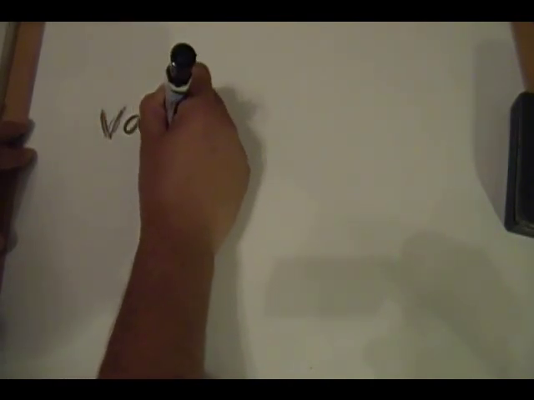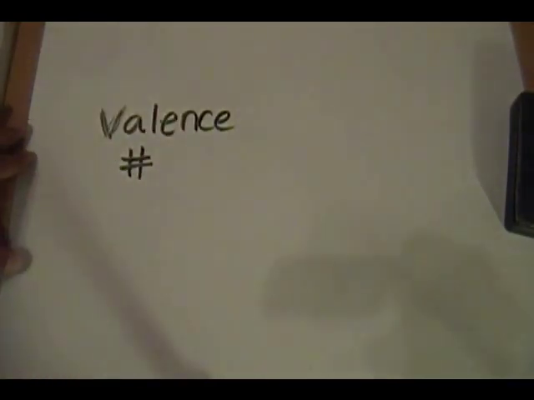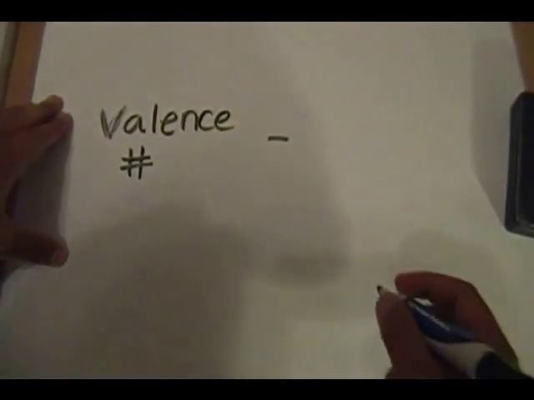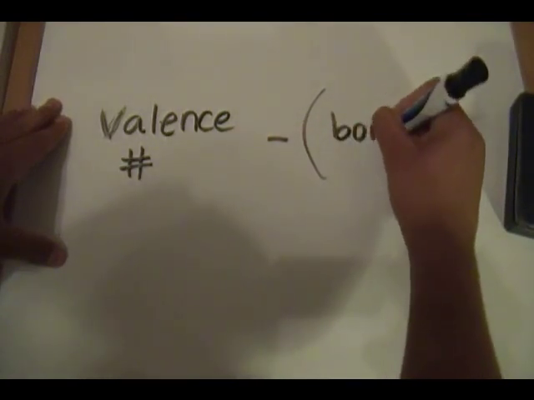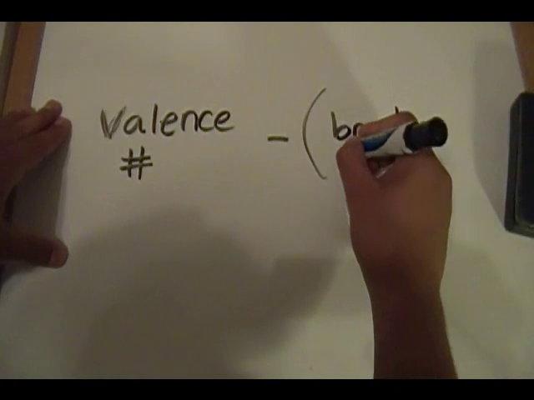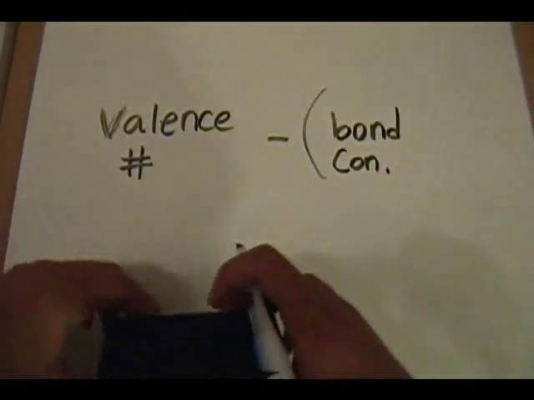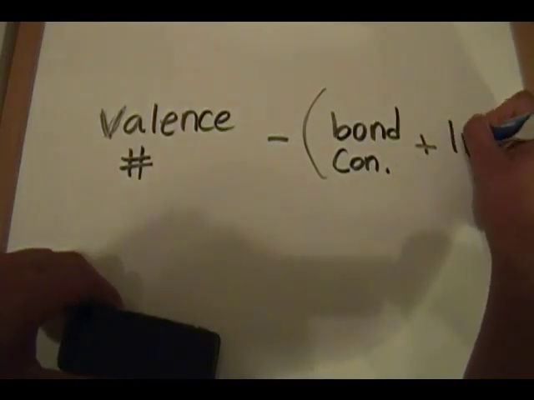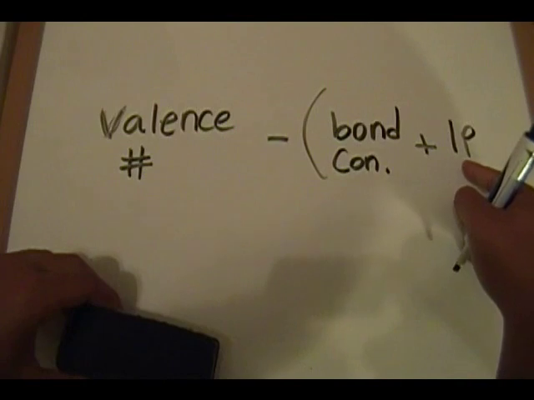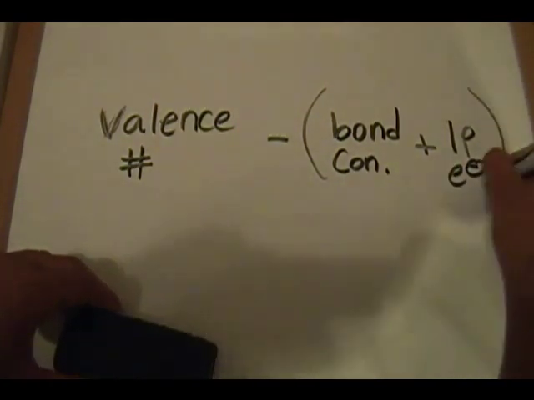Okay, your valence number, minus the amount of bonds connected to the atom, plus the lone pair electrons, LP for lone pair, around the atom.